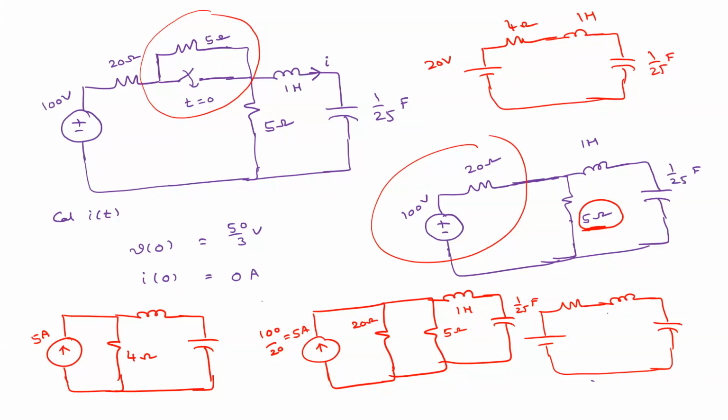First calculate the alpha value, based on that find the I of t solution. If you do that, I think I have the answer. That is the answer. You can cross verify it.